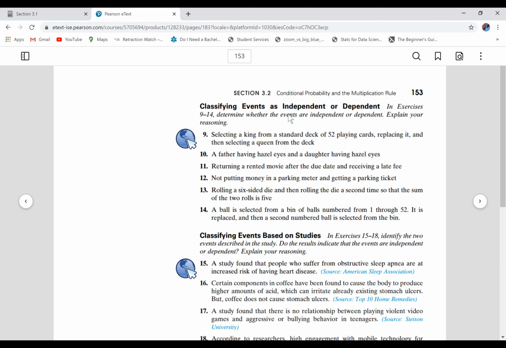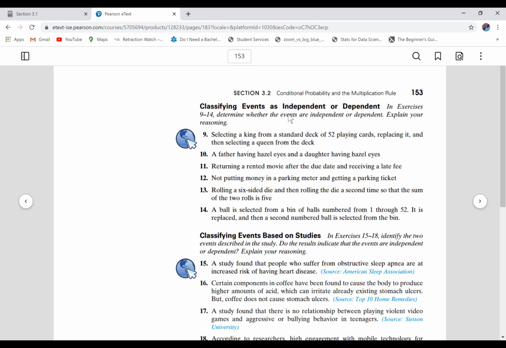Number 14. A ball is selected from a bin of balls numbered from 1 through 52. We select the ball, we look at it, and then we put it back. It's replaced. That means we put it back. And then a second numbered ball is selected from the bin. What do you guys think? Independent. Independent.